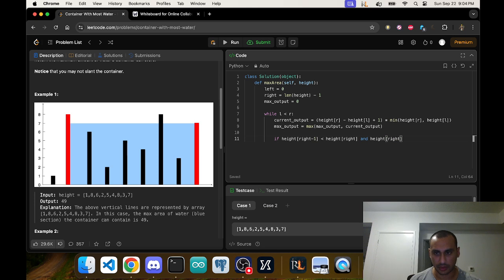The right is currently smaller than the left bound.